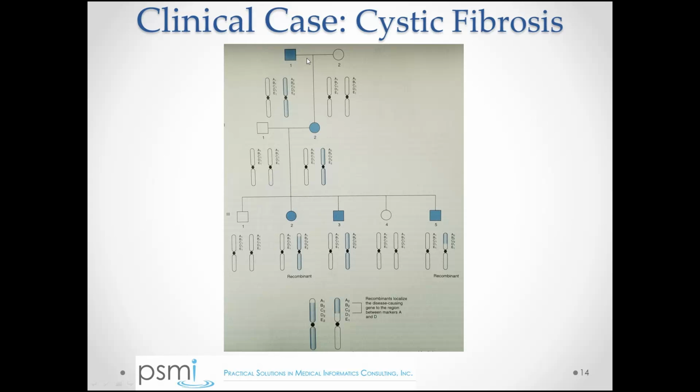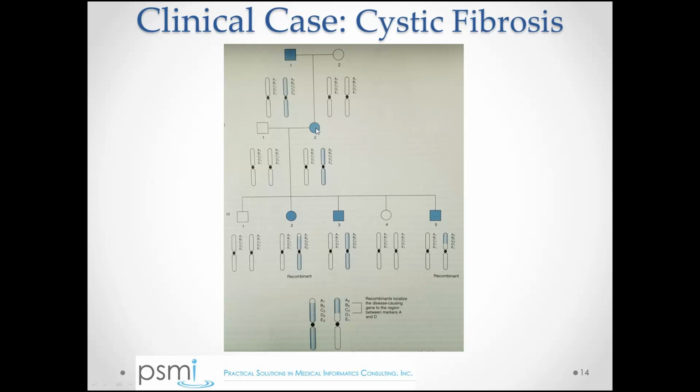So here we have a pedigree where you have a male that has a disease, and a female that doesn't have the disease. And we've been able to measure markers at 5 different spots on this particular chromosome. The female offspring also has disease and inherited a chromosome from mom and a chromosome from dad.